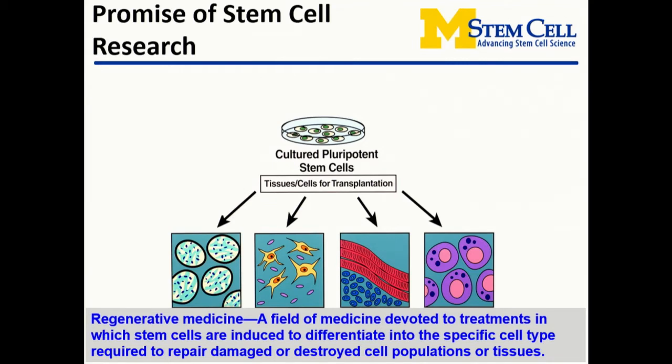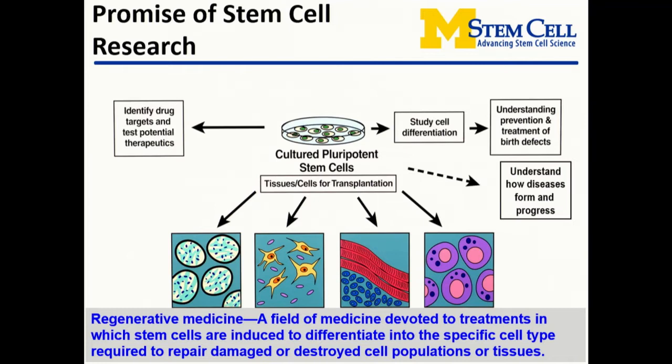The other area that we focus on primarily in my laboratory is actually modeling diseases, using these pluripotent stem cells to understand how a cell goes from a pluripotent stem cell to a neuron, from a pluripotent stem cell to a heart cell. What are the mechanisms of normal development, or what are the mechanisms of abnormal development?